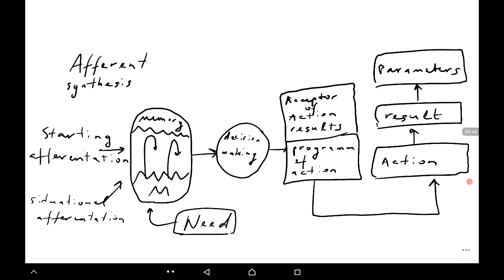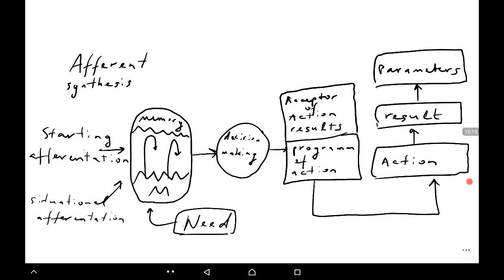It is a very important part of this system, because it evaluates the result, and it produces comparison with anticipation, with the result that was anticipated, predicted before the action was produced.